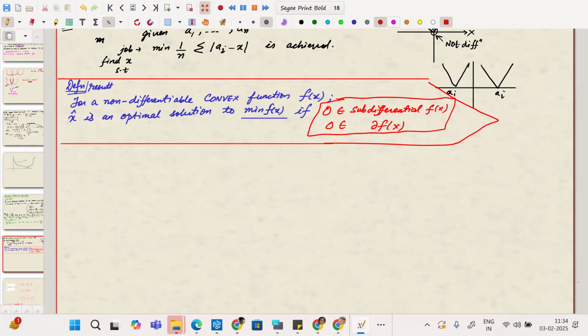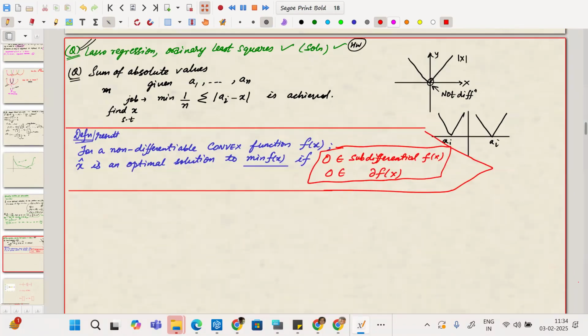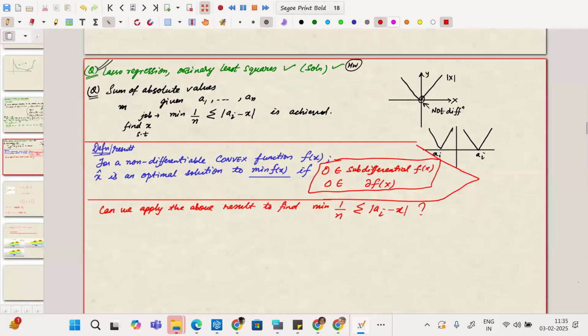My question to you is, can we apply this definition? Can we apply the above result to find the minimum of 1 over n summation mod of ai minus x? Got the point?